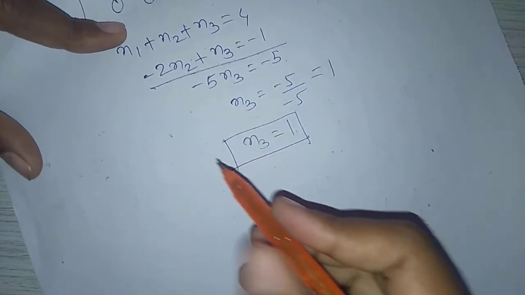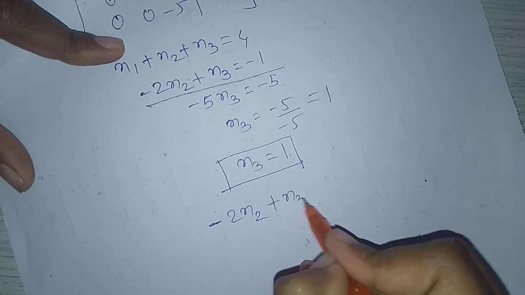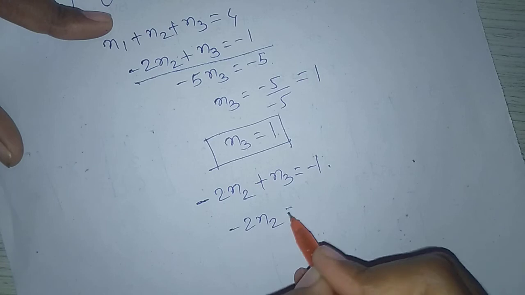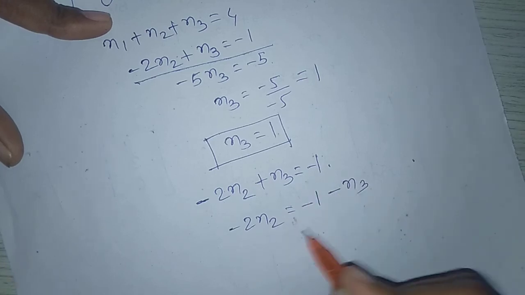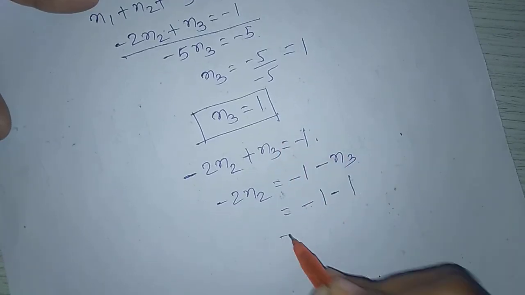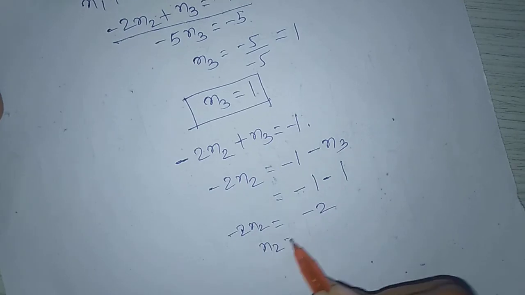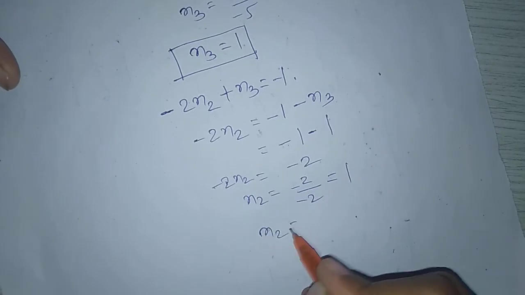Next, find the value of x2. We have the equation minus 2x2 plus x3 equal to minus 1. Minus 2x2 equals minus 1 minus x3, and x3 is 1, so minus 2x2 equals minus 2. So x2 equals minus 2 upon minus 2, equal to 1.